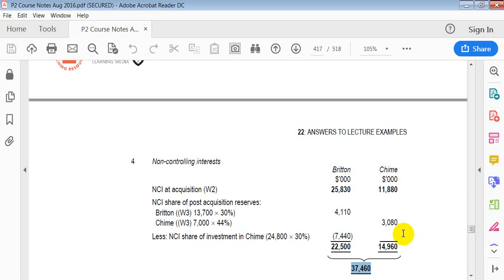However, for this question, in not most, but all questions, these three workings we've looked at are major workings which you have to compute in any question where you're consolidating the statement of financial position. You have to know how to compute the goodwill, how to calculate the consolidated retained earnings and how to calculate the non-controlling interest.